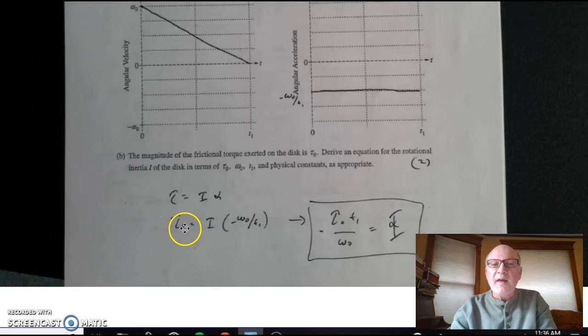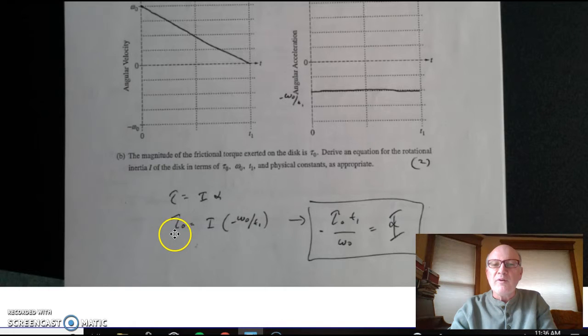We're told that tau 0 is the frictional torque. It's the only force acting on this object. And we've already calculated that the angular acceleration is minus omega 0 over t1.